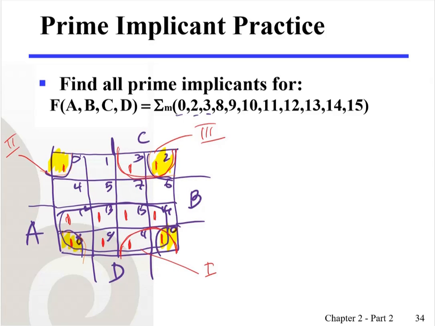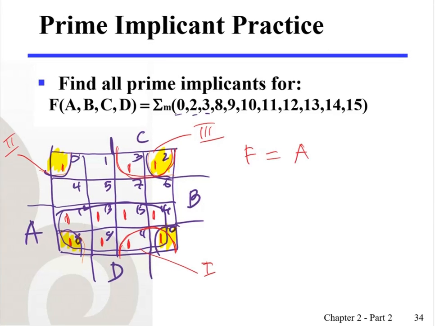If we apply simplification, then f will be equal to, for term 1, A, and for the second term, not B not D. And for the third term, B doesn't change, and then C. This is the formula.